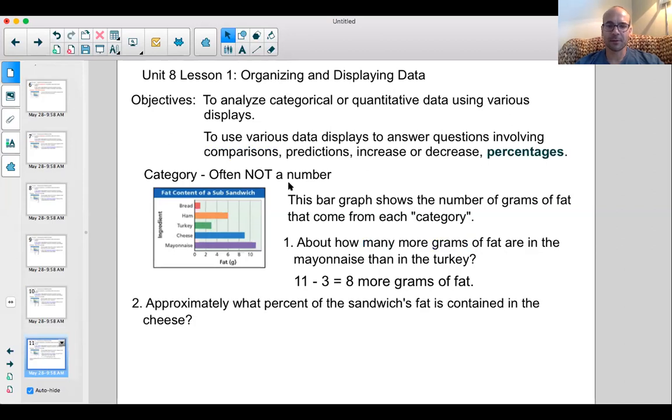What I wanted to do is touch on percentages, because I know that that's a very common way to describe things, but it's also something that I think students have some challenges with earlier in their math career at least. So approximately what percent of the sandwich's fat is contained in the cheese? So whenever I'm asked for a percent, I always step back to the big idea, which is percent is always part over whole. And students do best with this with their grades.